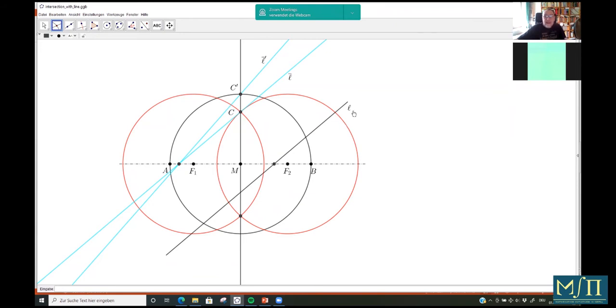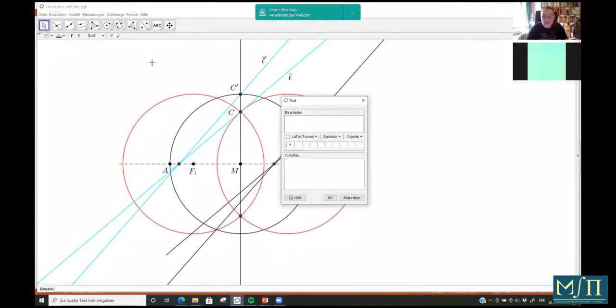That means that L must map to the line parallel to L bar prime through this point here. So therefore, if I construct the parallel line to L bar prime through this fixed point here, I obtain the line L prime that I required. That was the thing that I needed the whole time. That was what I was chasing after. So this is L prime.